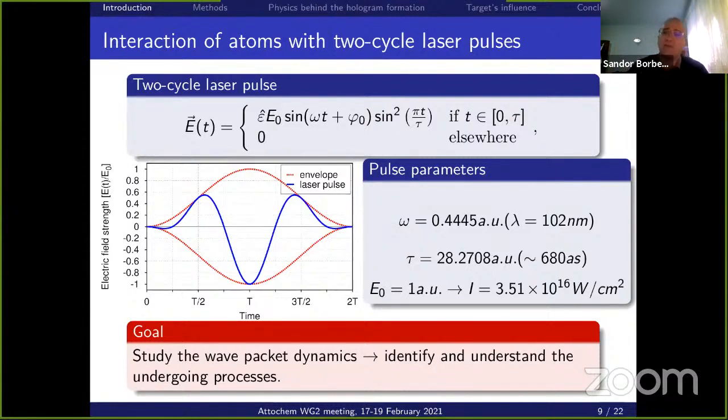To have a very pronounced interference pattern, you need a large quiver amplitude to allow the wave packet to form these two distinct electron trajectories, the scattered and the direct one. This is the reason why we choose these laser field parameters.